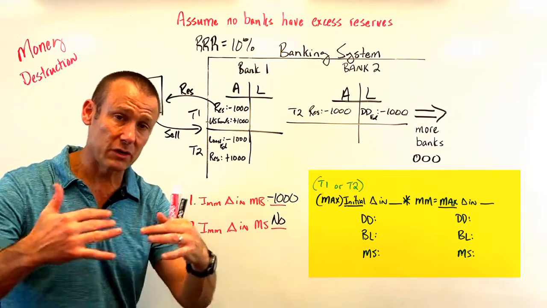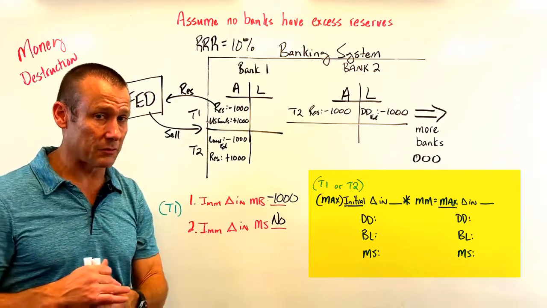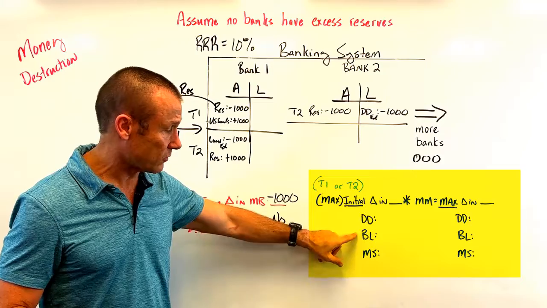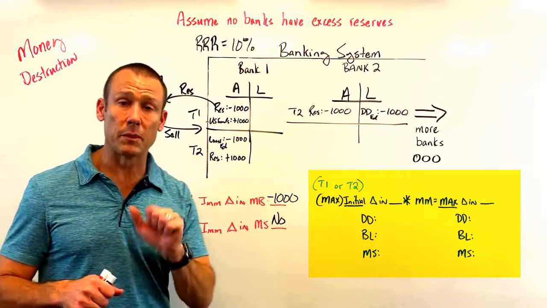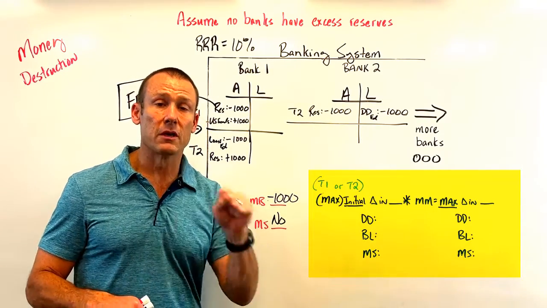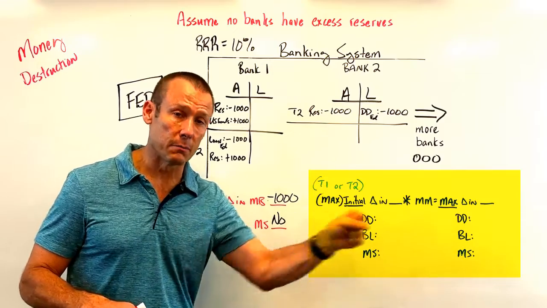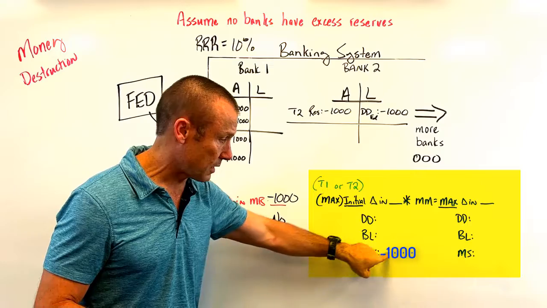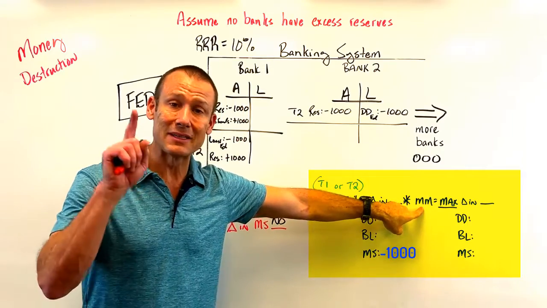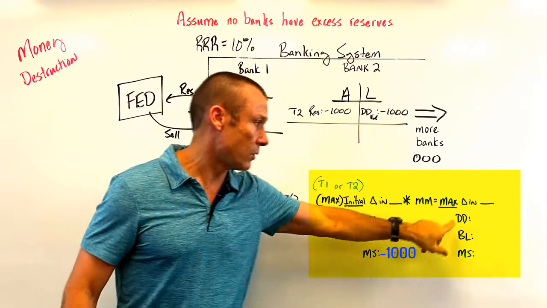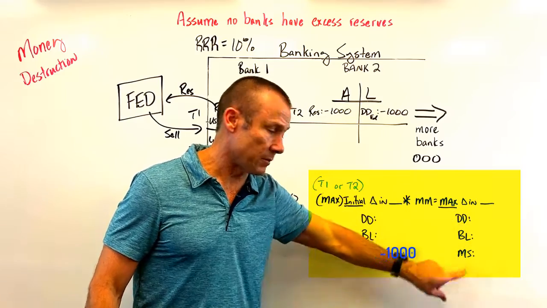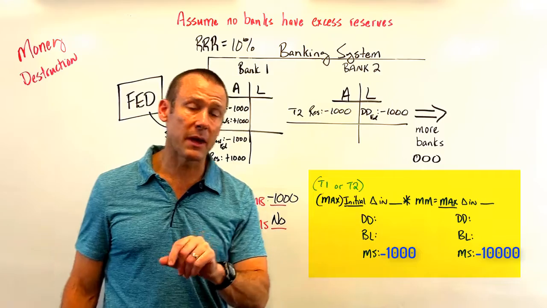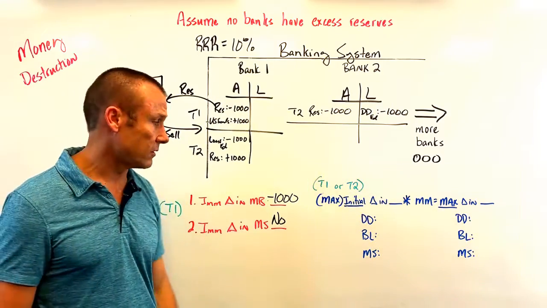That is a destruction of the money supply, destruction of money. So the decrease in the money supply that we're going to get is associated with that loan being called in. Remember, loans create money. The repayment of loans destroys money. So again, negative 1,000. The maximum initial change in money supply, negative 1,000. Money multiplier, 10, 1 over the required reserve ratio, maximum change in the money supply, negative 10,000. And those negatives matter, guys. Make sure you include those negatives.